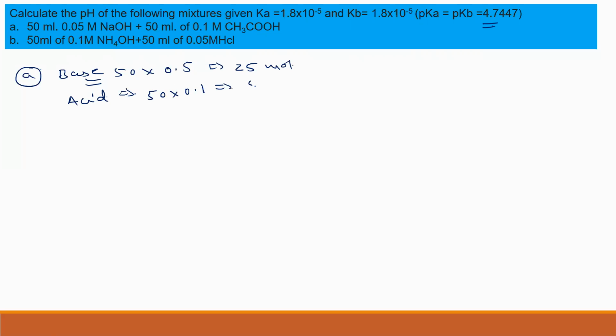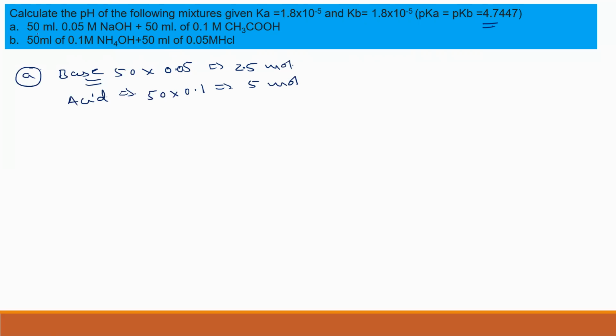So this is nothing but 5 mole we have. And this is 5 mole and this is 2.5 mole. Sorry, just a minute. So this is 2.5 mole.